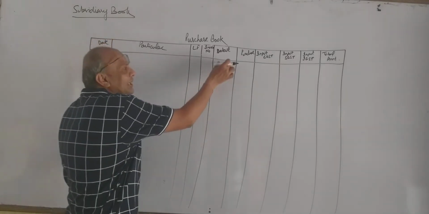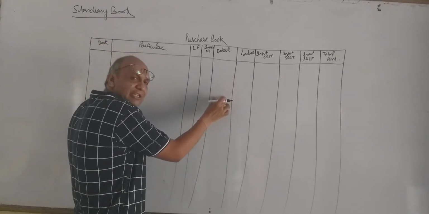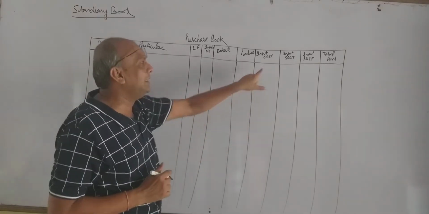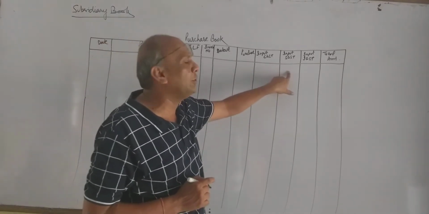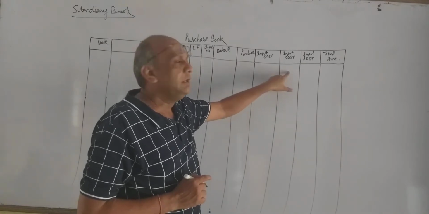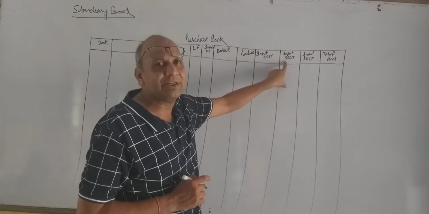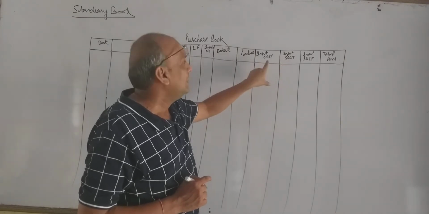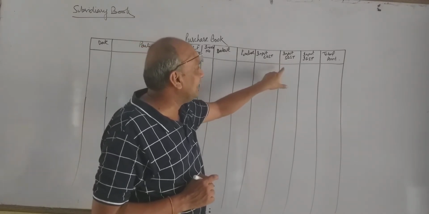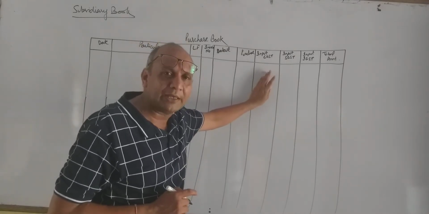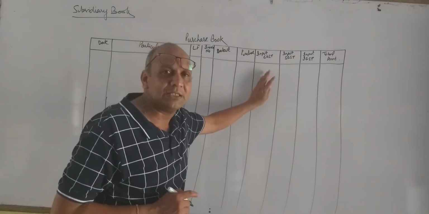Detail. In detail we are going to do addition or subtraction. Here we are going to write purchase. Here input CGST, input SGST. CGST, Central Goods and Service Tax, State Goods and Service Tax. This CGST and SGST apply when the transaction takes place within the state only, within Haryana, within Rajasthan.